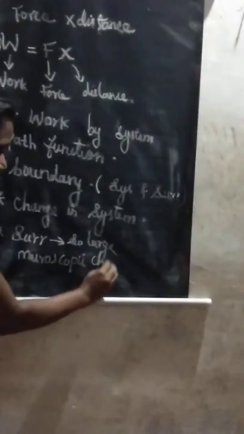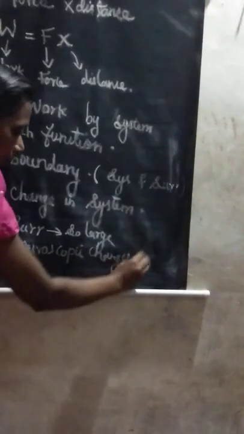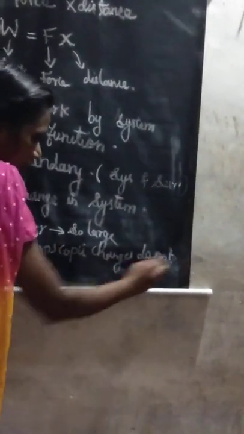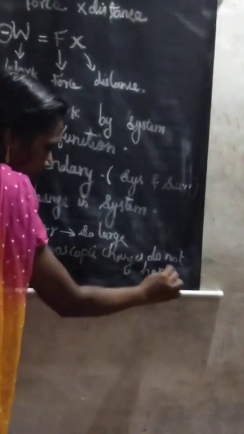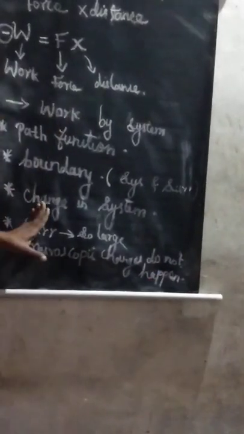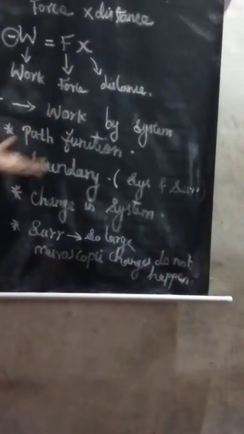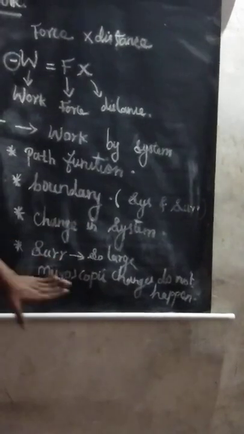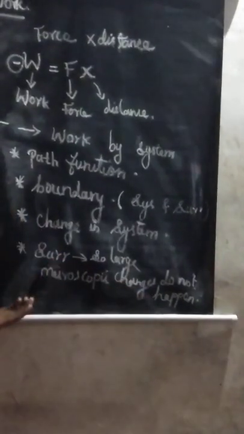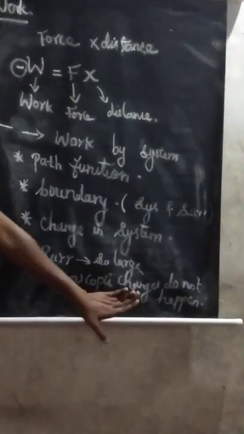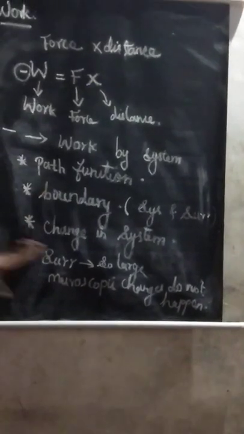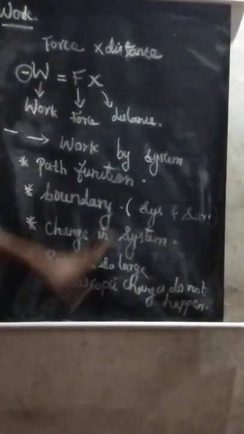The reason is the surroundings are so large, that is why macroscopic changes do not happen.